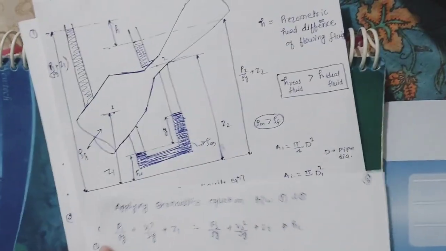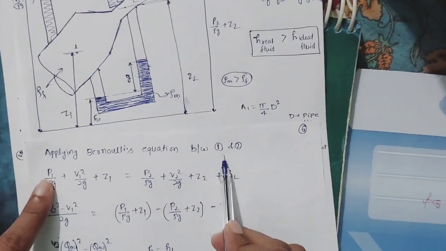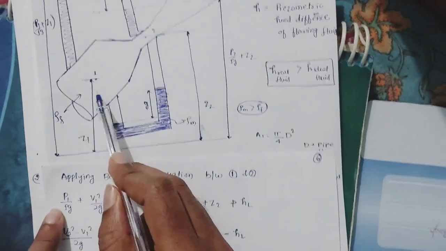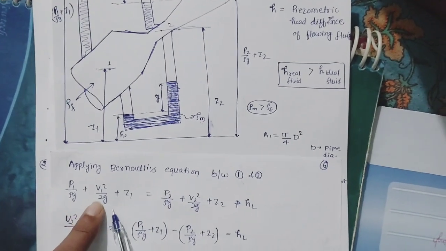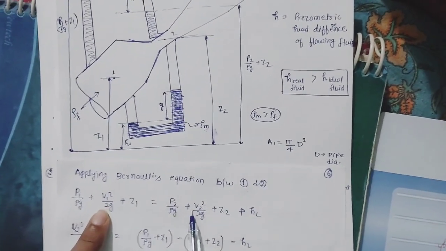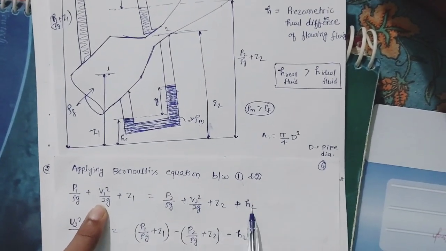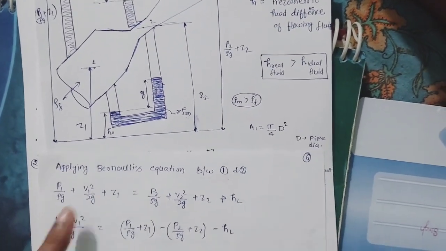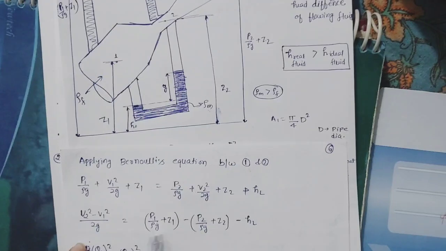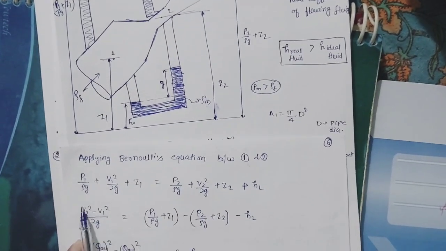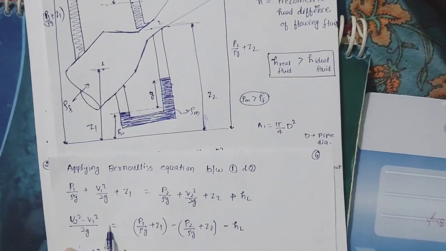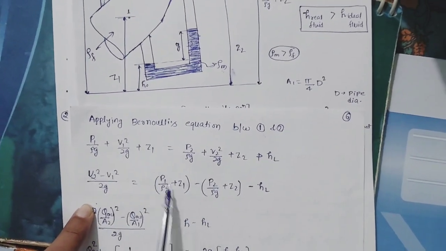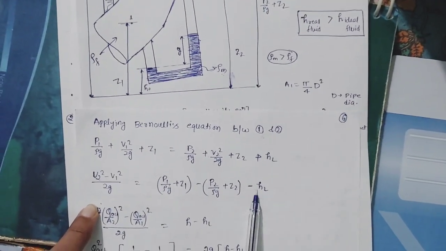So now I am going to apply the Bernoulli equation between point 1 and point 2. So P1 upon rho g plus V1 square upon 2g plus Z1 equal to P2 upon rho g plus V2 square upon 2g plus Z2 plus HL. I am considering the losses also. So now rearranging the terms, V2 square minus V1 square upon 2g equal to P1 upon rho g plus Z1 minus P2 upon rho g plus Z2 minus HL.